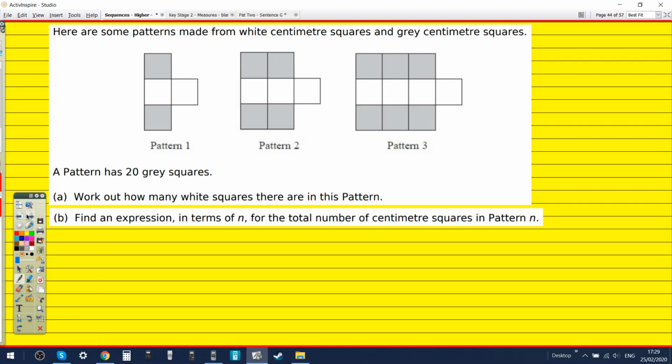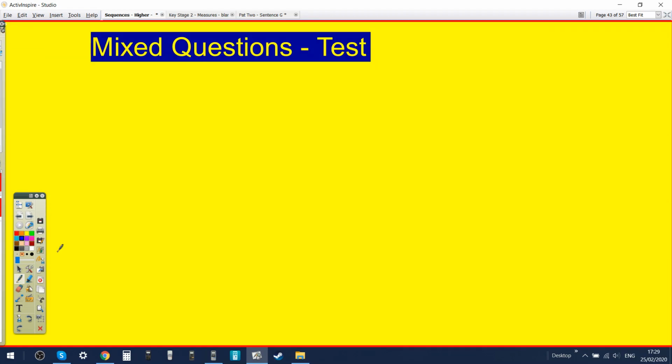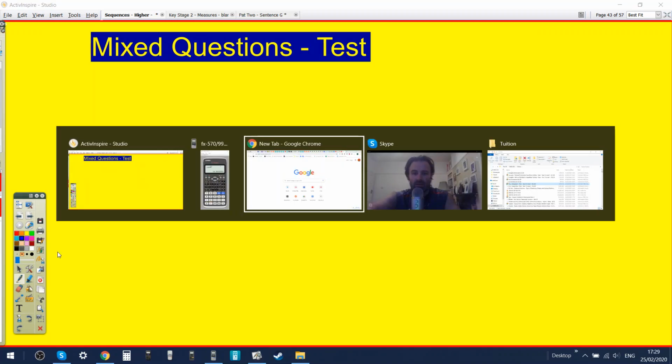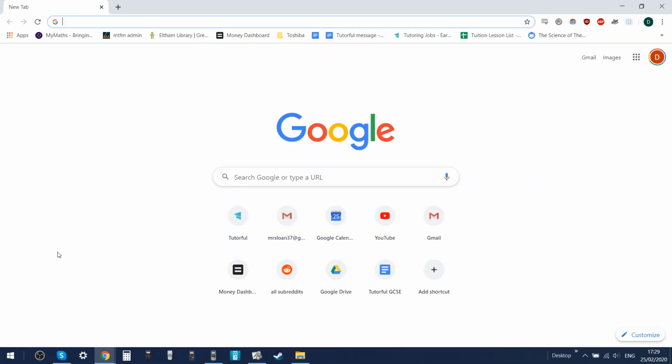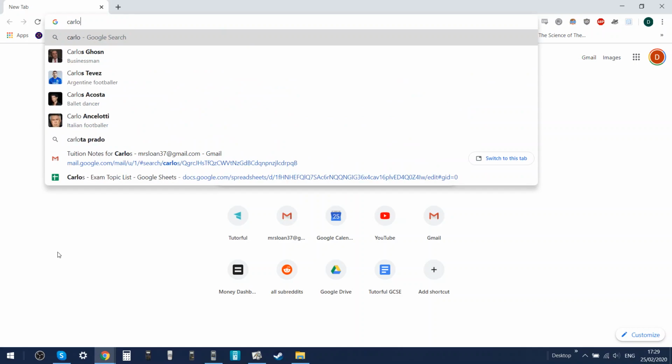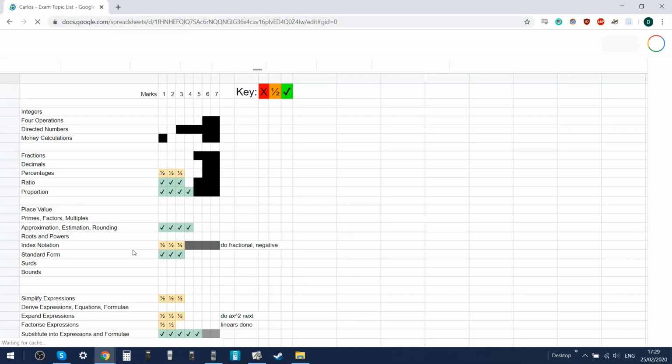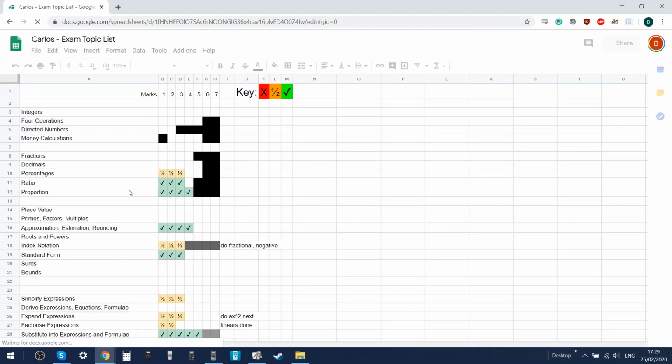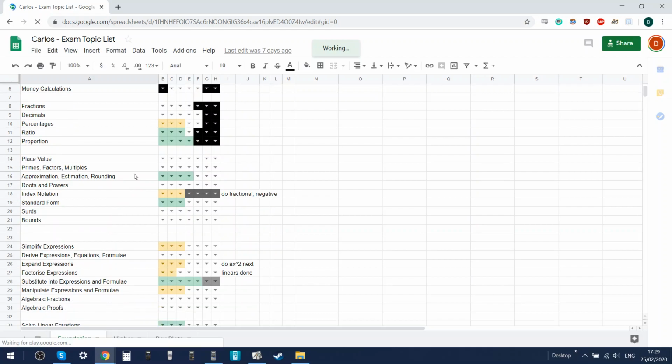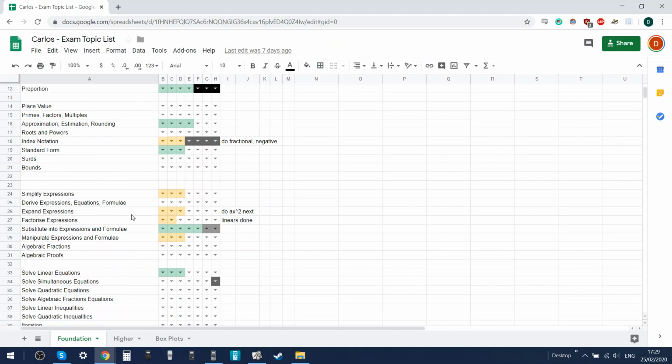So we have a mixed question test. I'll leave that one to the end. So you did great with sequences. We did those, and I took a chance and did the higher paper, and you did great with those. Roots and powers, index notation, that's okay. I was thinking about trying surds, but that might not be the best.